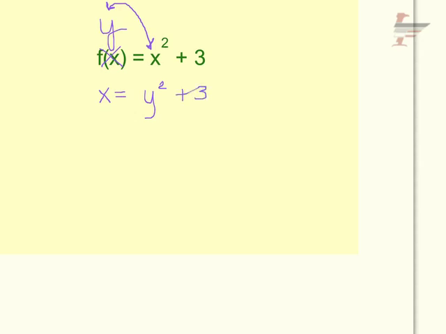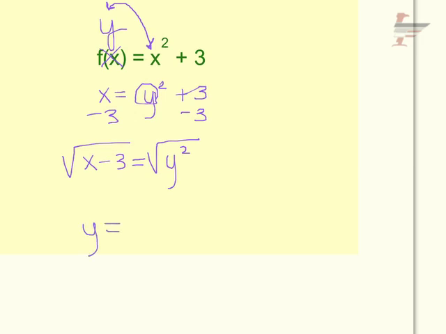And now we are going to solve for y, which means we'll start by subtracting 3 from both sides. So we have x minus 3 equals y squared. And then I'll say, all right, how do you undo a squared so that we can get y alone? And you'll say, oh, square root both sides. So that leaves us with y.